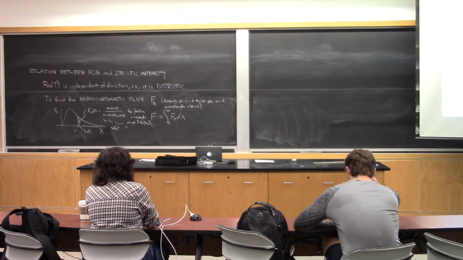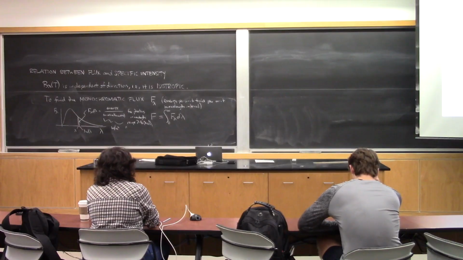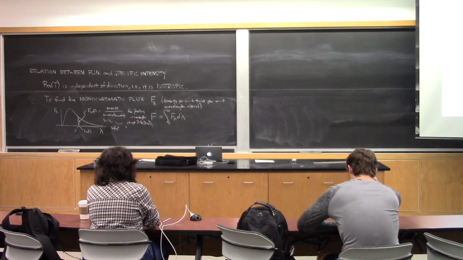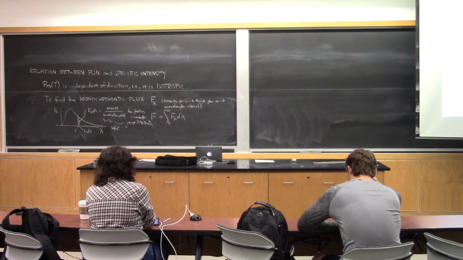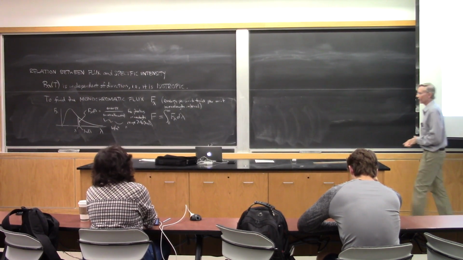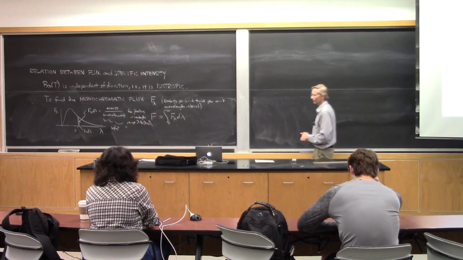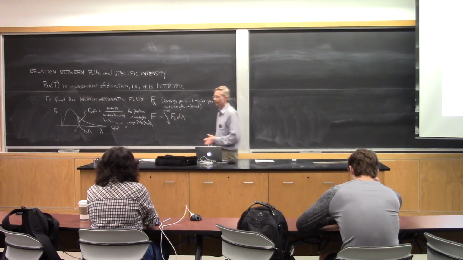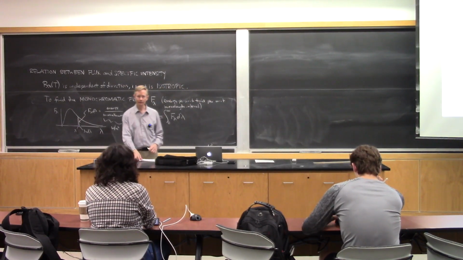So for the sun, F sub lambda isn't the ideal black body function, but it's still true that F lambda for the sun integrated over all wavelengths is the total flux coming from the surface of the sun. No matter what, integrate the flux per unit wavelength over all wavelengths, and you get the total flux from the surface.